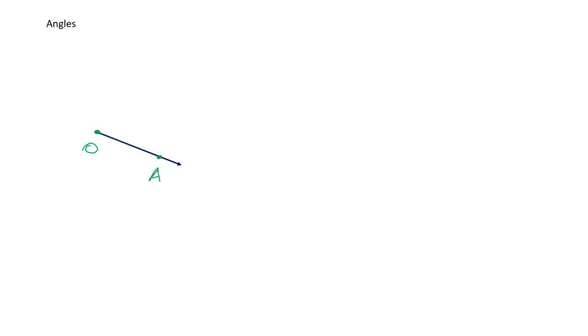And then I have another ray coming here. This ray I'll name it as OP. So ray OA and ray OP have the same starting point, that is O. These two join together at O.